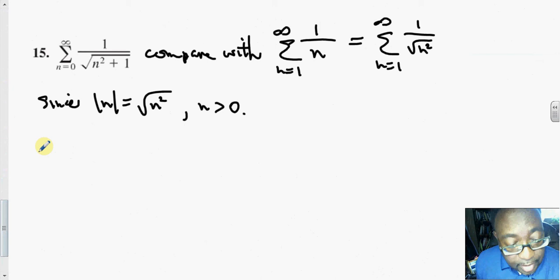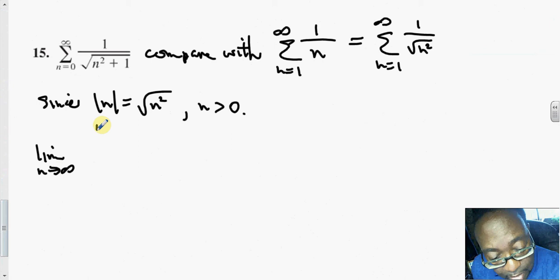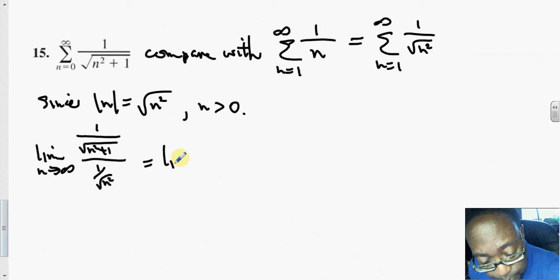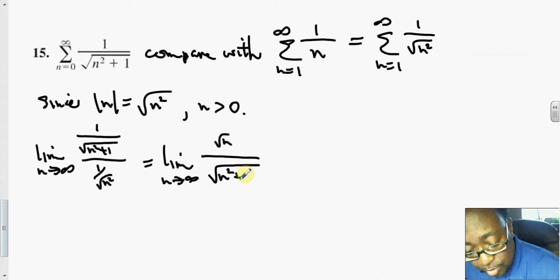So what that gives us in this limit comparison, we take the limit as n goes to infinity of 1 over the square root of n squared plus 1, divided by 1 over the square root of n squared. This is the limit as n goes to infinity of the square root of n squared divided by the square root of n squared plus 1.